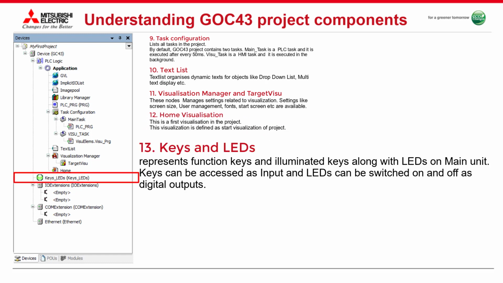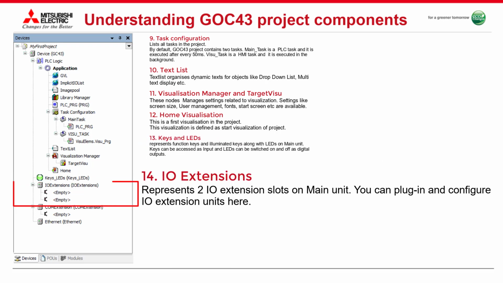Node keys and LED represents function keys and illuminated keys along with LED on main unit. Keys can be accessed as input and LED can be switched on and off as digital outputs. We will see how to use keys and LED in example program later in this training. I/O extensions represents two I/O extension slots on main unit.